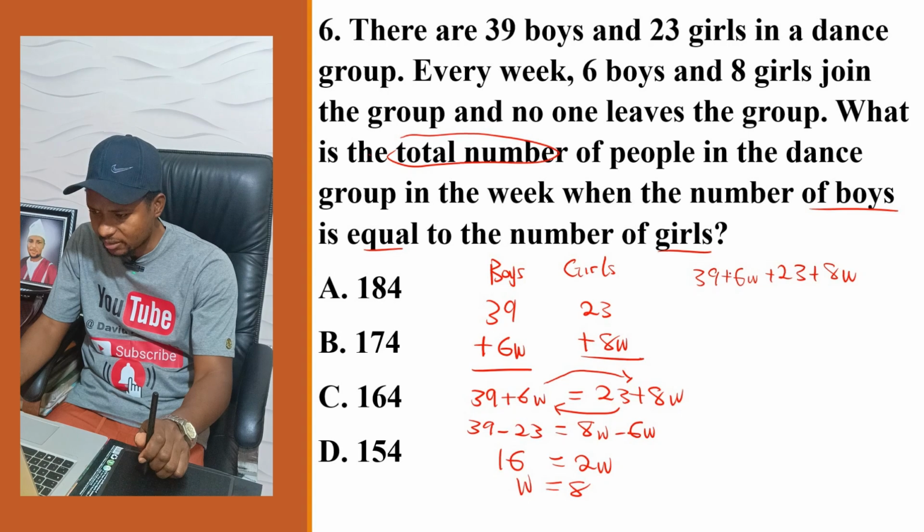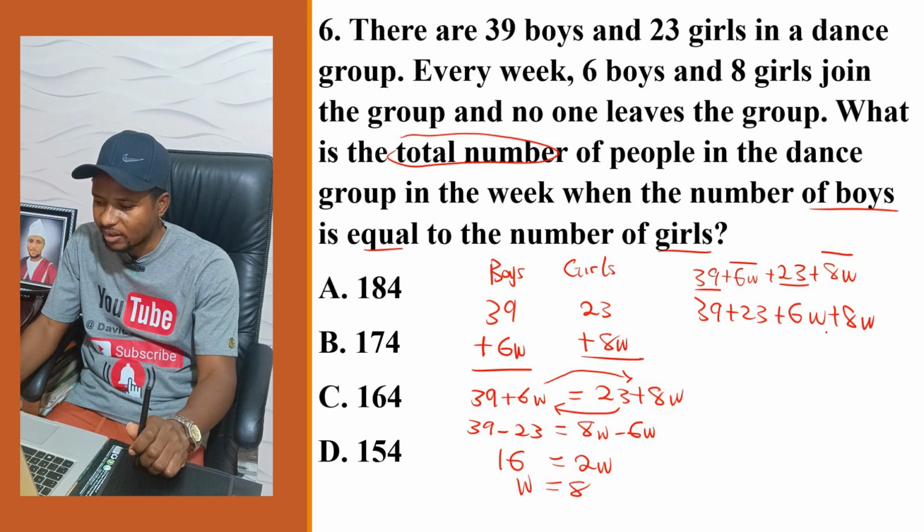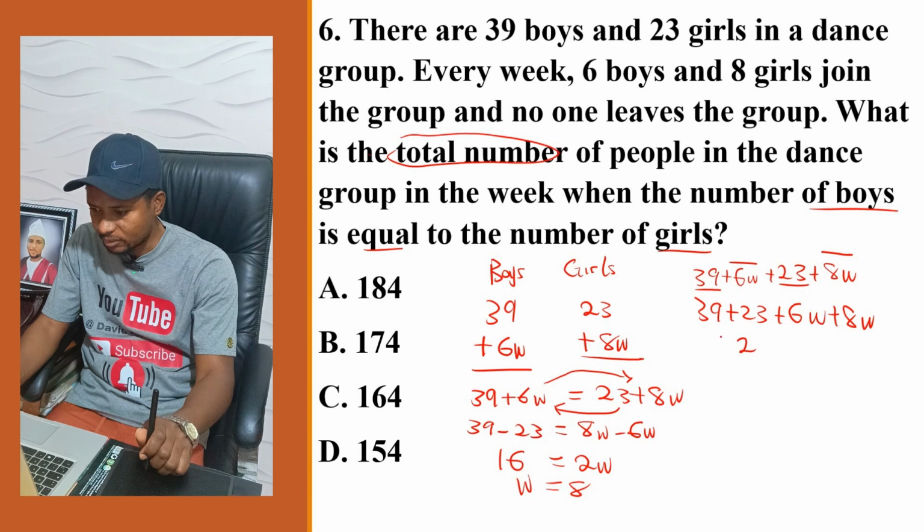So we can just add it together: 39 plus 23, then 6W plus 8W. This is the total when they are equal. 9 plus 3 will give you 12, carry 1. 3 plus 2, 5 plus 1, that's 6. Then plus 14W.